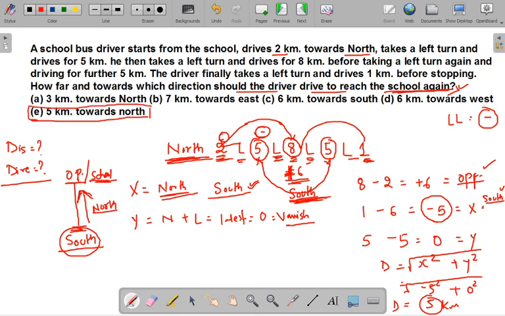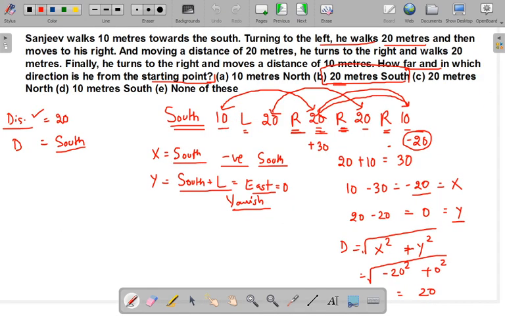In the previous question, here the value of x is positive, so this original, sorry for the mistake, the first value of x is positive, so this south will become north here, and later it is negative, so north will remain north here.